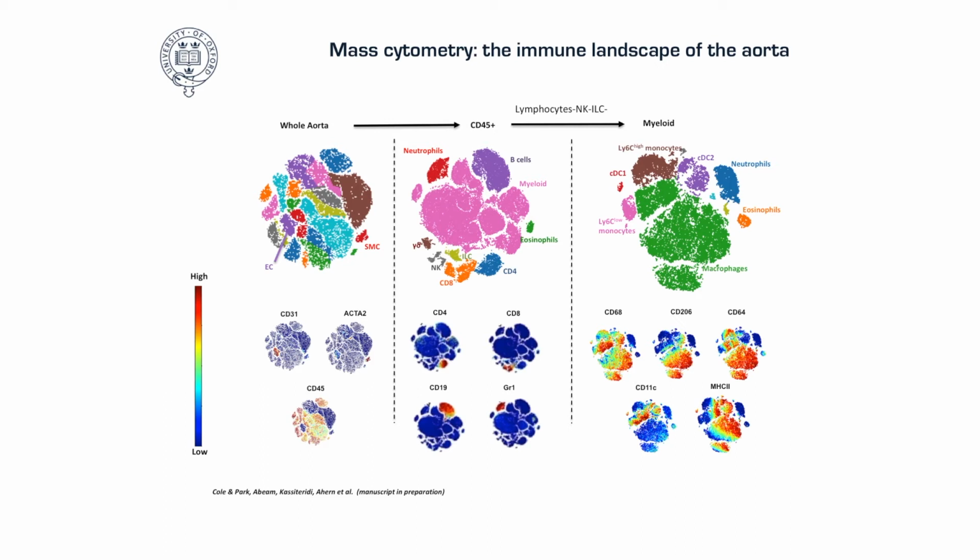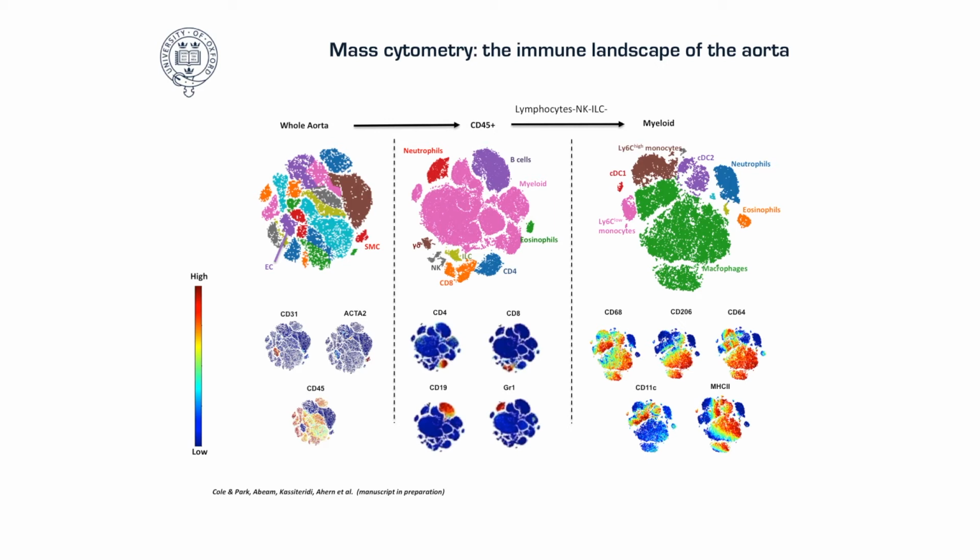With a flow panel, it would not necessarily be possible to distinguish all these populations at once, because you're probably relying on 10 markers and you will have definite issues identifying these bona fide populations, unless you use several different panels. But here you can do it in one go in the same sample.